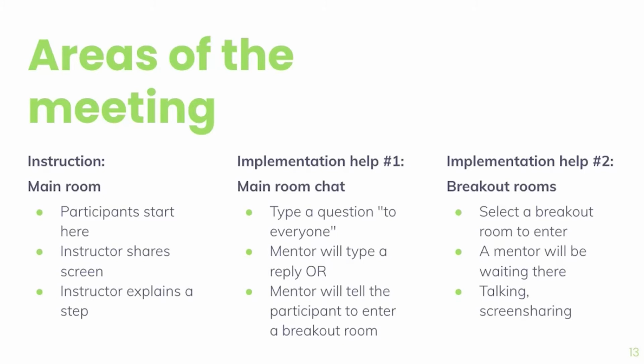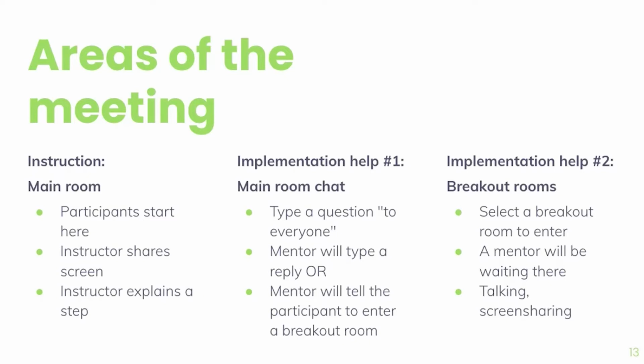As a participant, you can join a breakout room in the Zoom call, which is sort of like a sub meeting in the Zoom call. It's another meeting, but it's related to the main one. In this breakout room, a mentor will be waiting and they can help, they can talk, they can share screen, or just use chat if they're more comfortable with that.